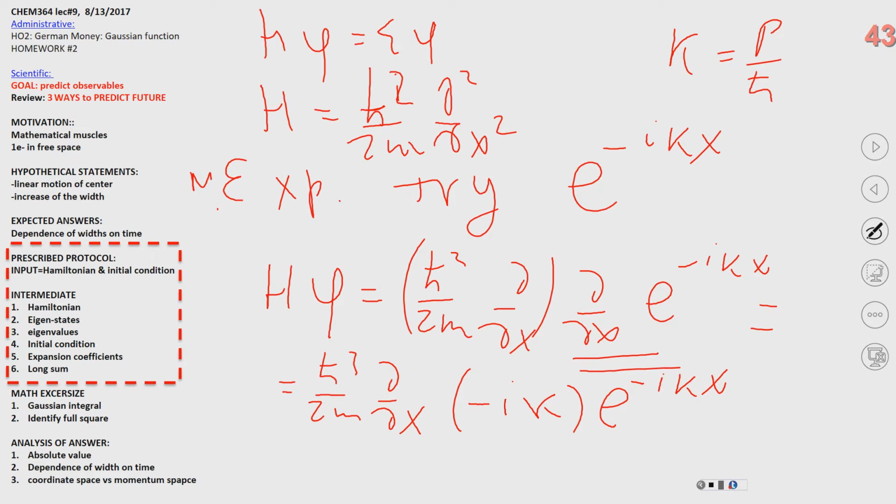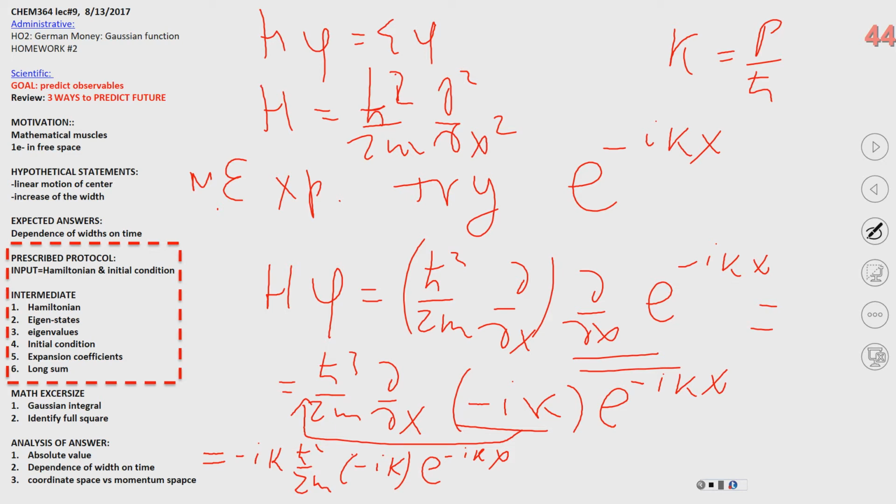Now this factor can migrate to the front, and taking the derivative once again, we get this factor minus i once again, and the function stays unchanged. Minus i, right?